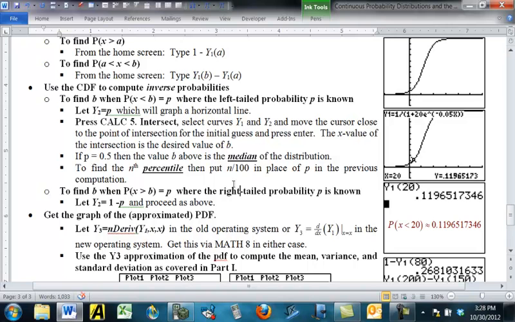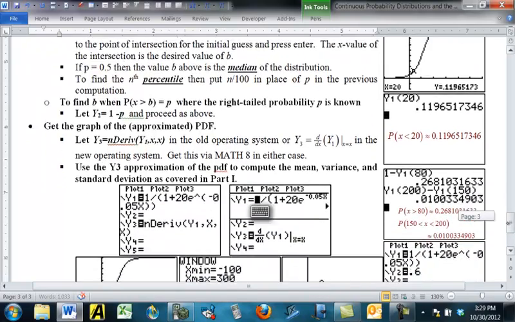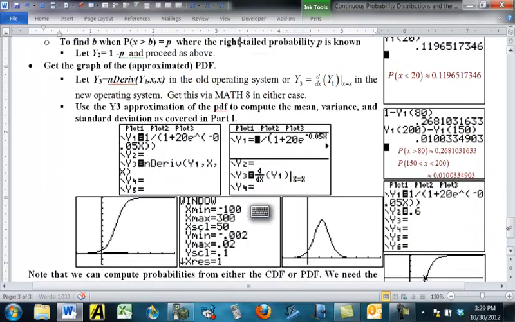It's an area if we're talking about PDFs. It's actually a y value when you're talking about CDFs. And so we just graph that and do that the same as we did above. Now, just as we were able to do a CDF approximation if we knew the PDF, we can go the other way around.